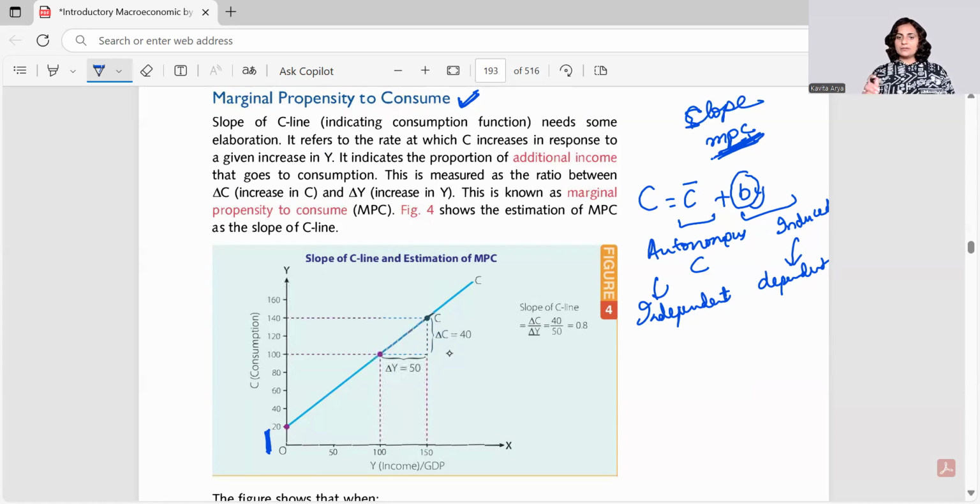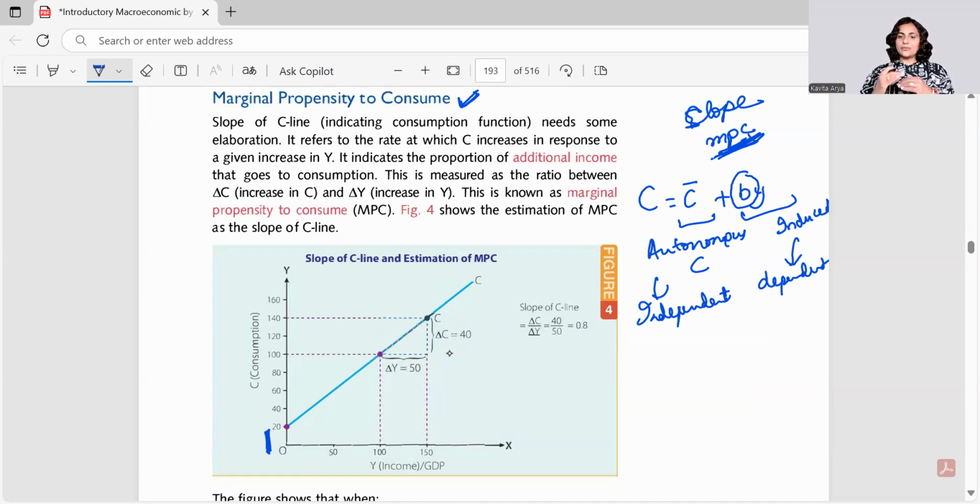Slope of the consumption curve means the rate at which the inclination of the consumption curve is decided. Right. And Y means the income. As you see, people who are earning 10,000 a month are also managing their households, and those who are earning 10 crores a month, they're also managing their households.